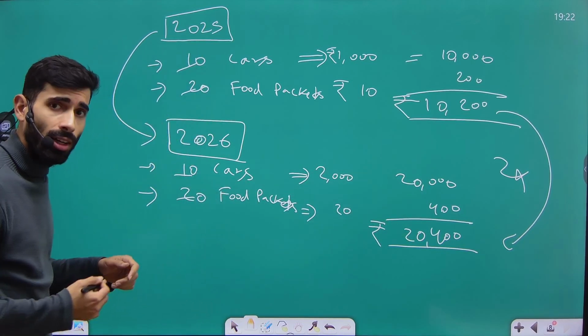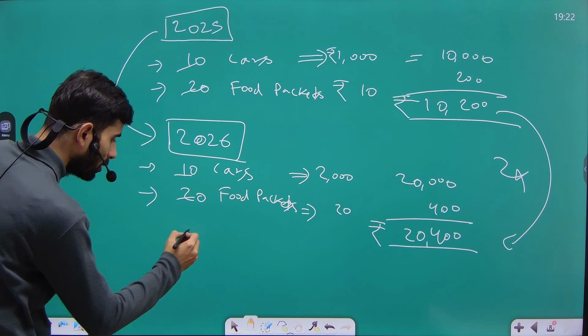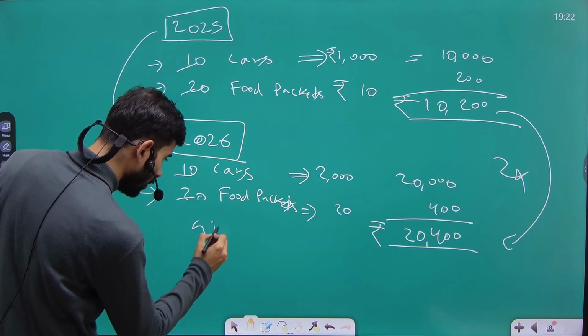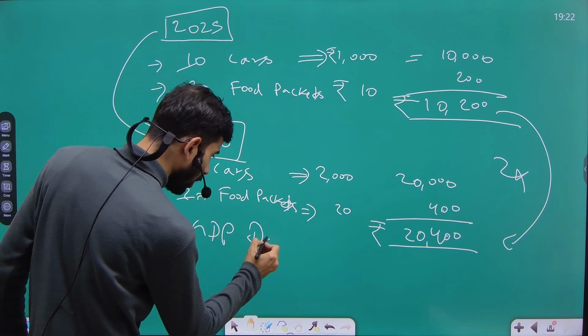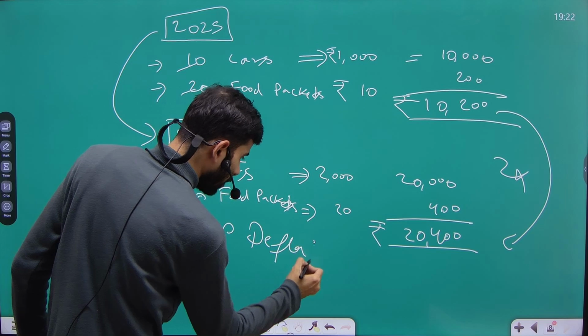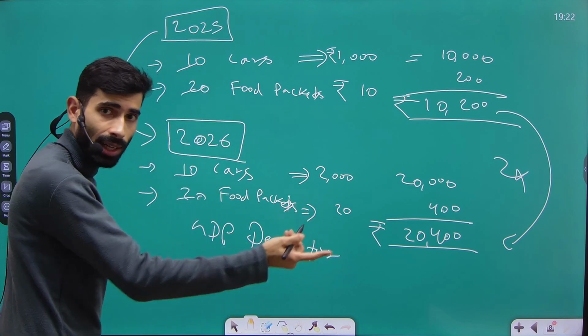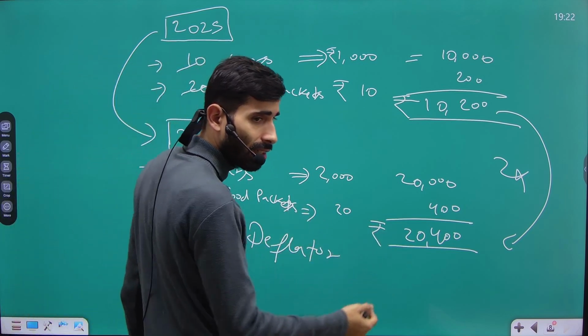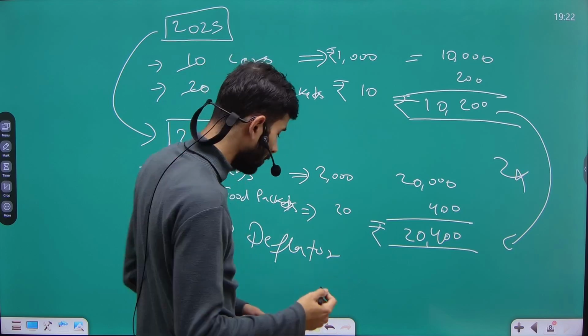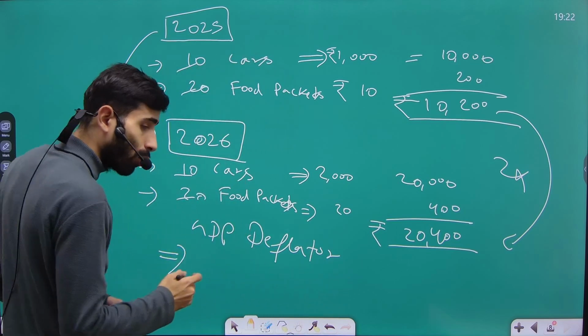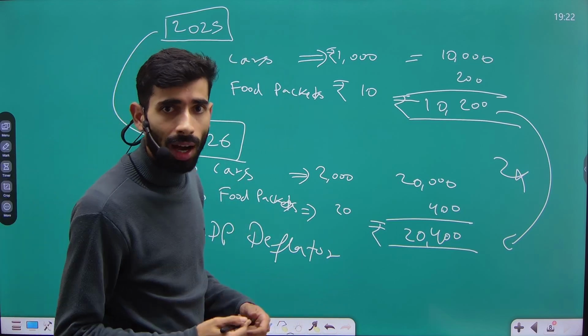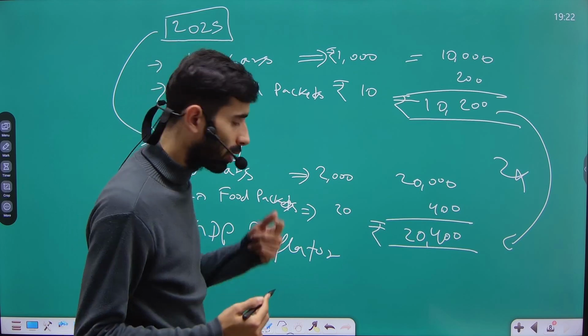So that's why we usually use the term GDP deflator, to deflate the economy, which has risen due to inflation, and to have a real picture of our economy, how many physical goods we are producing.